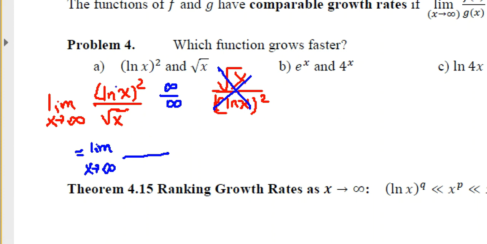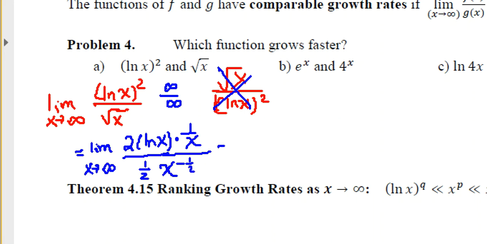Derivative of the top, you use the chain rule, u squared, so you have 2u, where u is natural log of x, times the derivative of u, which is 1 over x. And for the bottom one, square root of x, the derivative is 1/2 x to the power negative 1/2.